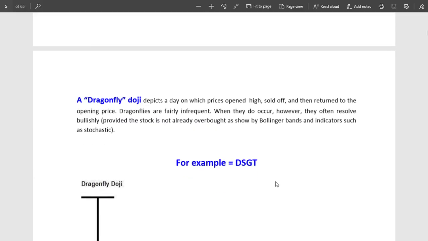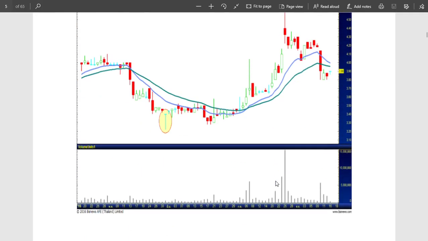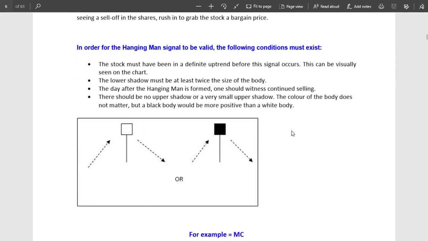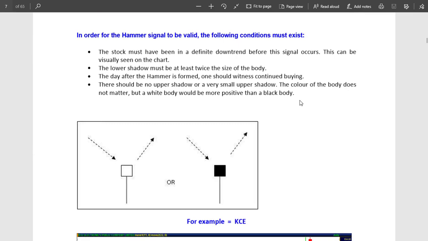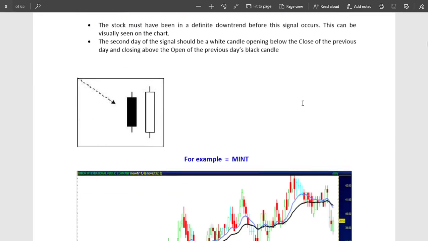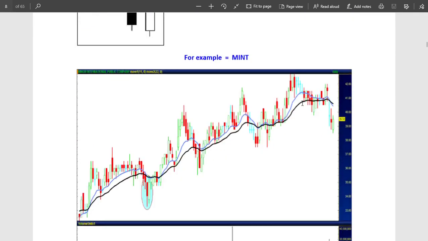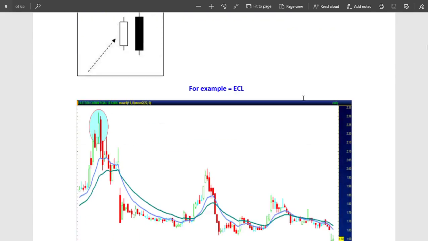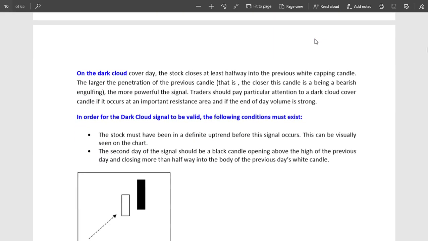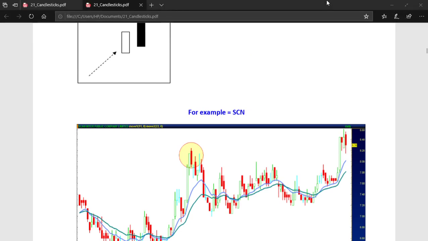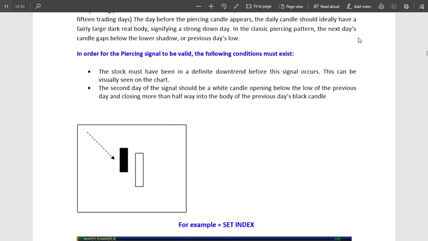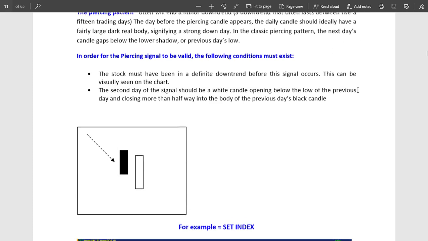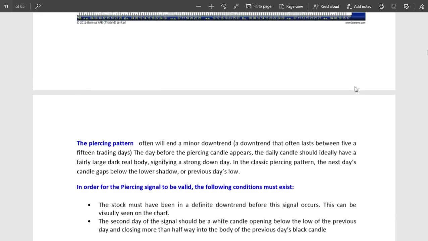Patterns are simply a certain way a candle will be formed, and it tends to predict the next movement in the market. If you see a certain pattern, then something is expected to happen in the market: either price goes up, or price continues in the same direction, or price changes direction.